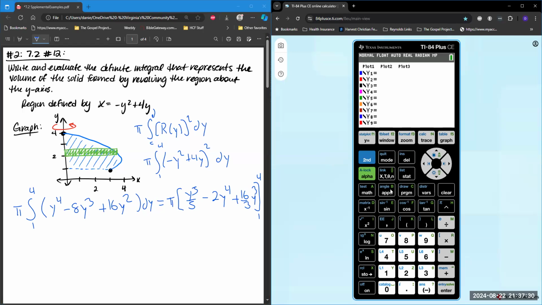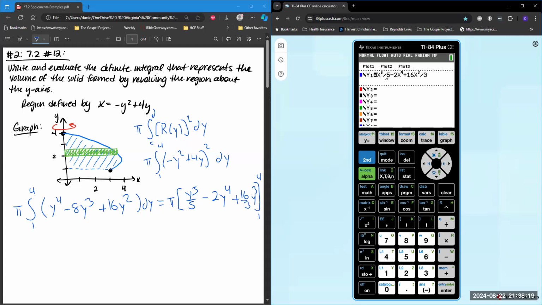To evaluate the fractions, instead of typing everything in twice, we can go to x to the fifth over 5 minus 2x to the fourth plus 16x to the third divided by 3.